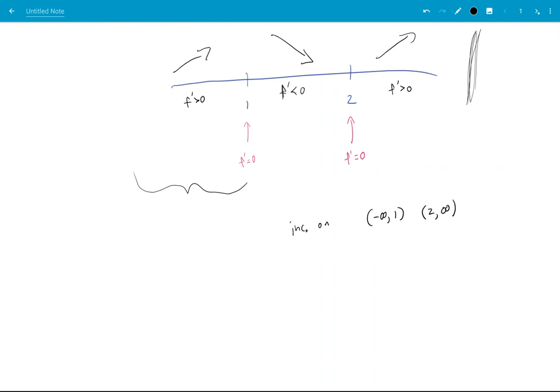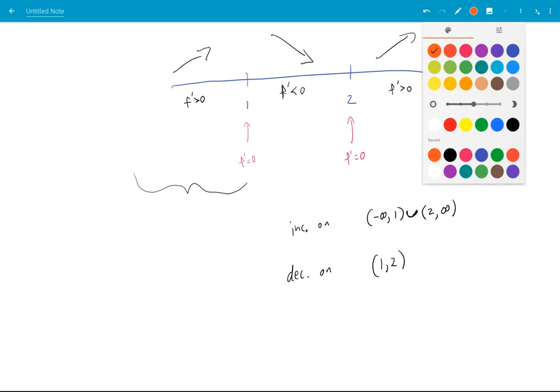Then we put what's called a union between them, kind of like the word or. You can say decreasing on, well, what's left, between 1 and 2. And there we have it.